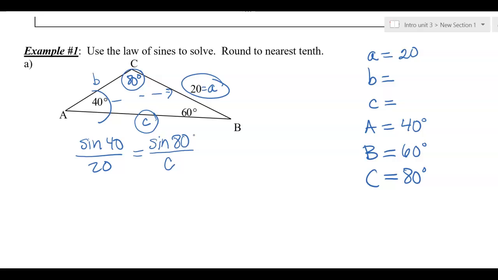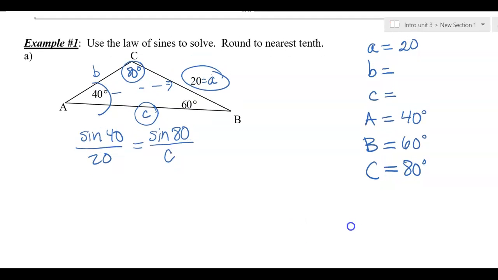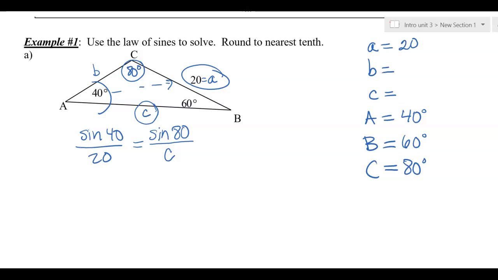And then how would we solve an equation that matches this setup here? What can we do? We can just cross multiply, okay? If you guys like that better to get rid of all the fractions. Okay, some of you that have different algebra skills can rely on those as well, but cross multiplication tends to be something you guys are pretty comfortable with. So 20 multiplies the sine of 80, and C multiplies the sine of 40. And then remember, my goal is to solve for C, which means to get C alone.